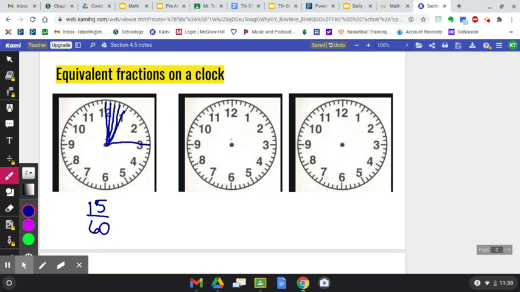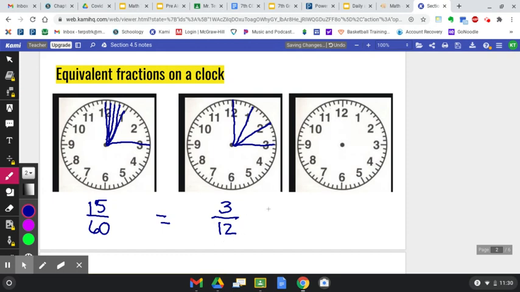But we can also look at this in terms of hours. If I look at a clock and start with the total, it's divided into 12 hours. If I look at that same section, it can be divided up into 3 hours. So these two are equivalent.